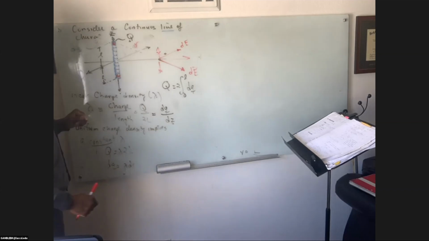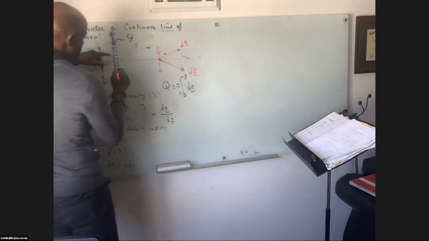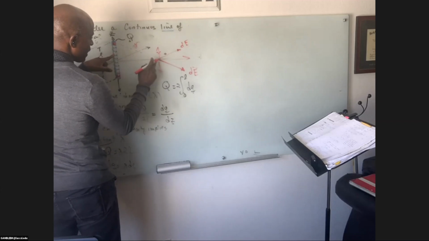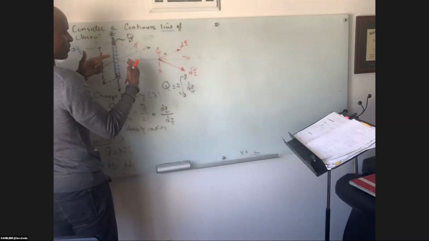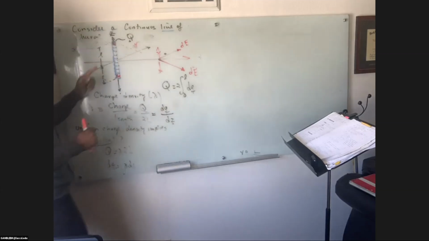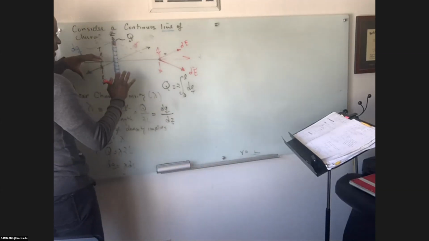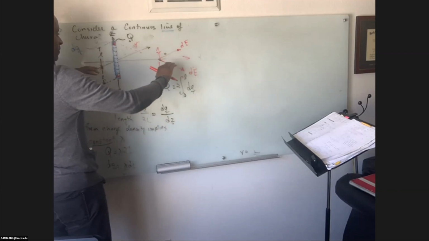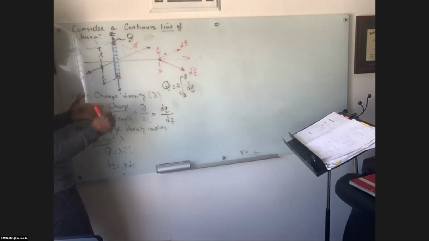Before, with the dipole moment, those things were constants. But the contribution of the differential element here is not the same r. r is a variable, so the distance is not the same. So what I have to do is write the component that I'm adding up in terms of things that are varying as I move along.